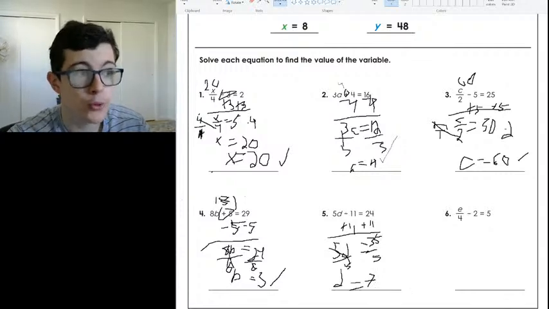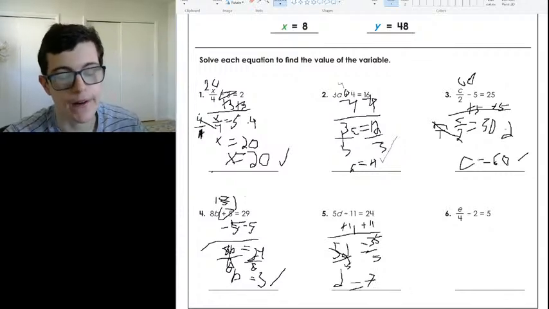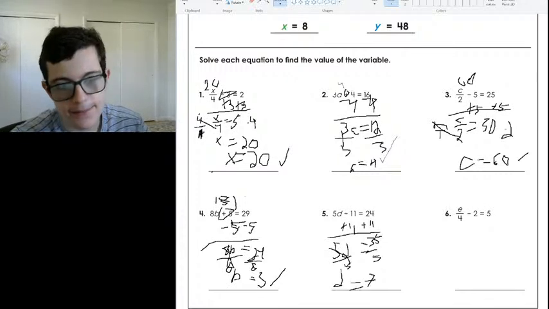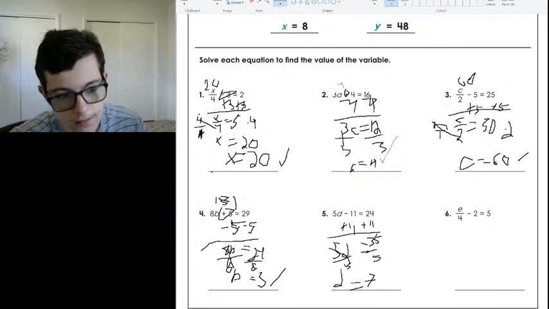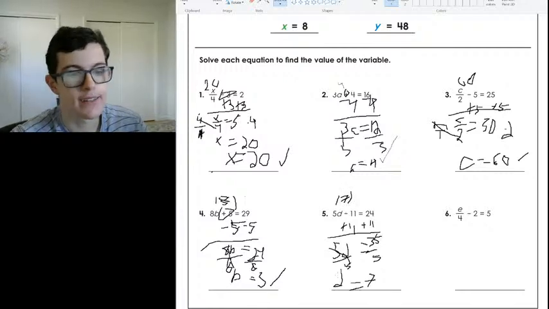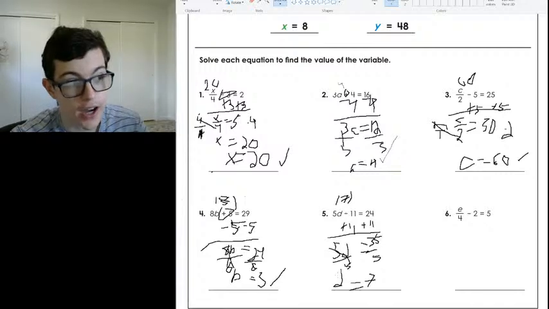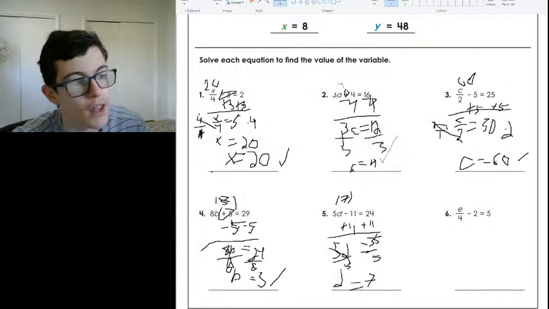Alright, now before we can declare d equaling 7 as our correct answer, we're going to have to do the check. Since we have established that 5 times 7 is 35, 35 minus 11 turns out to give us 24 by doing math in our head.